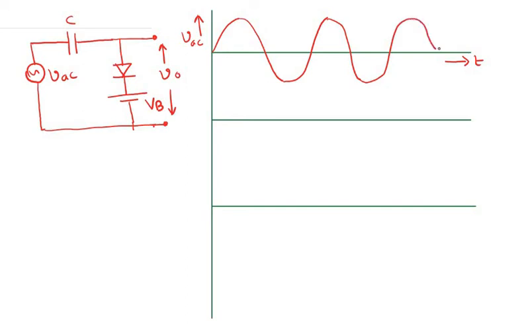This is our sinusoidal input signal, and just as before, the capacitor charges to its maximum voltage when the input voltage is maximum. So the capacitor would charge to its maximum at this point of the input signal, assuming that the initial voltage across the capacitor is 0.